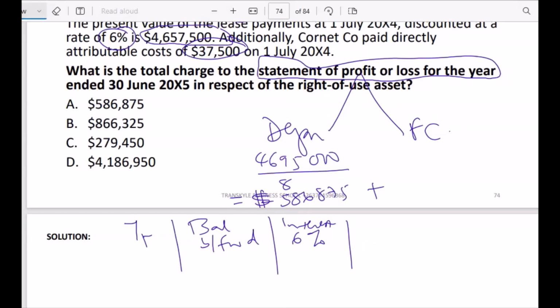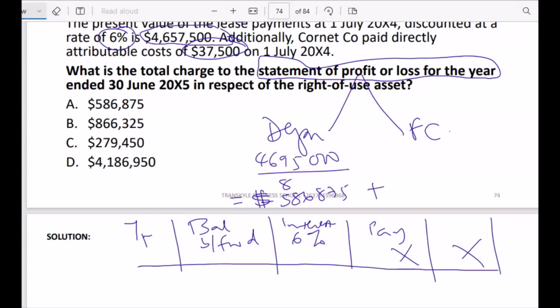And then we have got the payments. All these other columns are irrelevant for now, because our answer is just the finance cost, since the interest column is the one which gives us the finance cost.